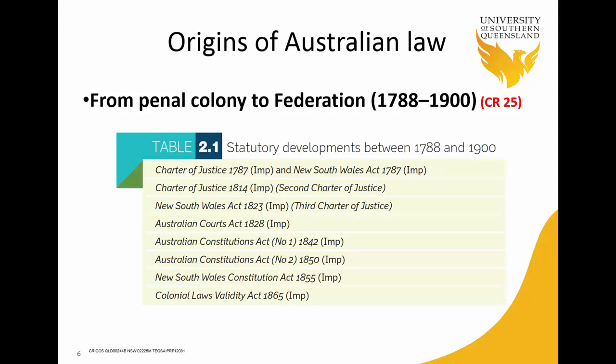And the key point behind this act, the New South Wales Act of 1787, was to ensure that English law and not martial law was to apply to the convict colony, and that should be from the first day that the first fleet landed in 1788.